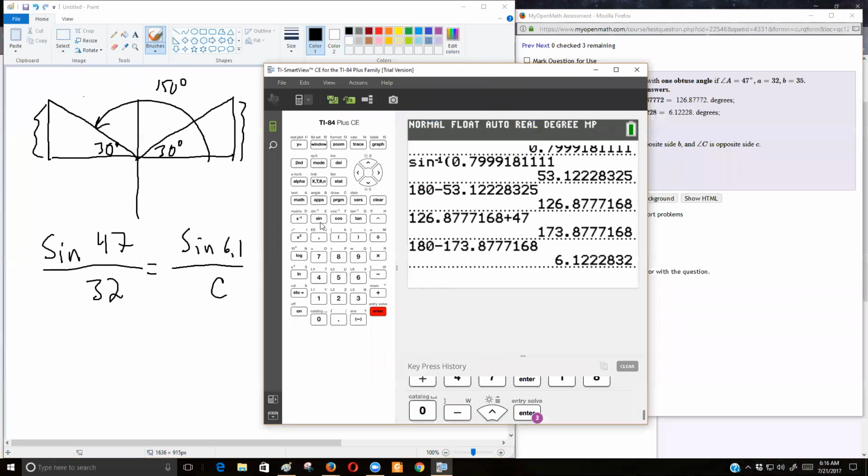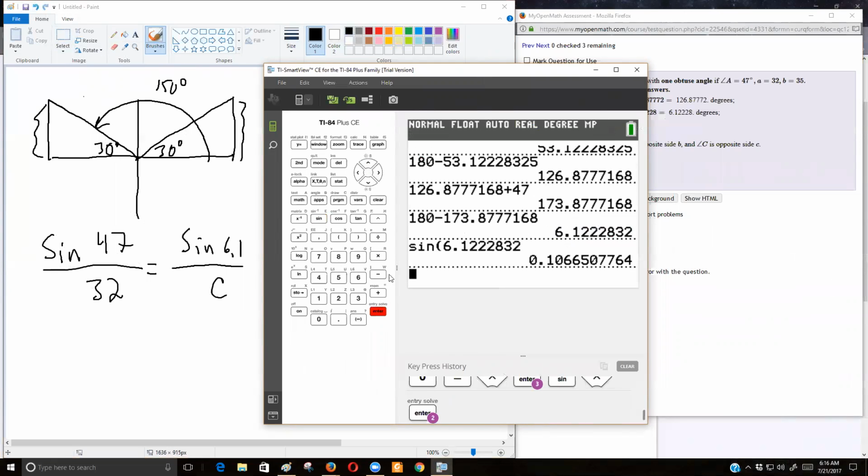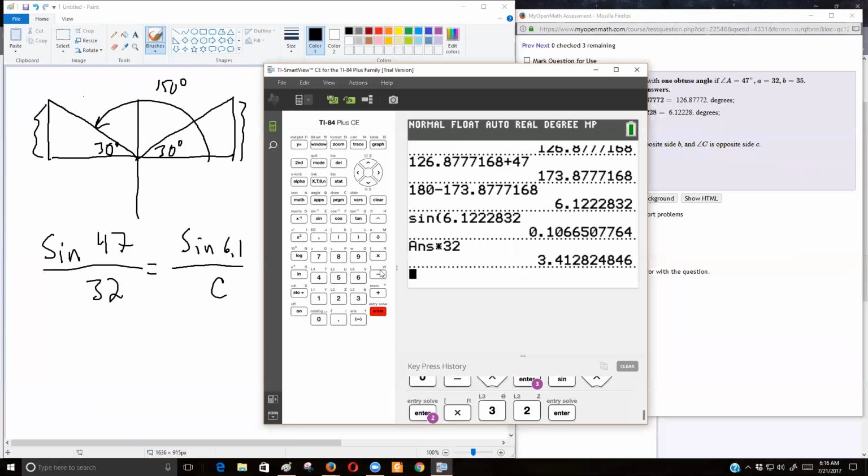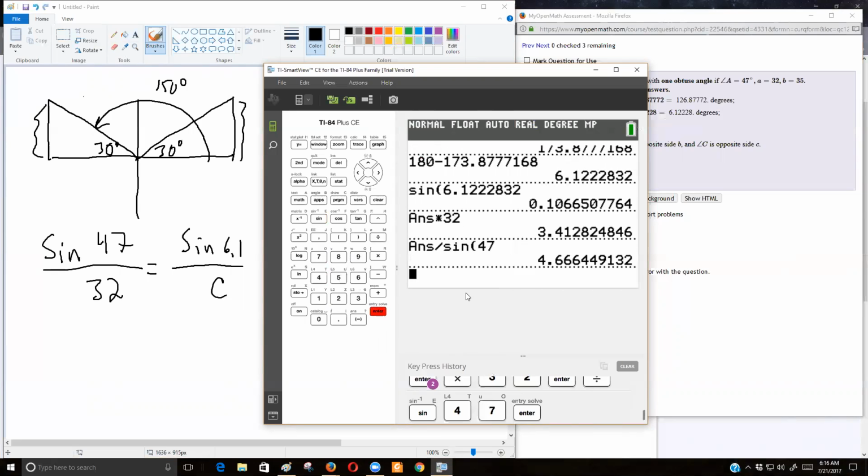I'm going to take the sine of that answer, since I've got it right there in my calculator, multiply it by 32, and then divide by the sine of 47. That gave me 4.666 for the missing side.